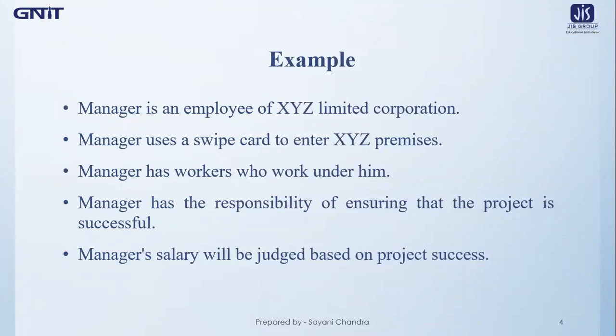The most important point in this relationship is that there is no single owner. That means if the manager object is not there, the swipe card object will still be there, and the vice versa is also true. If the swipe card object is not there, the manager object will still be there. That means both are using each other, but both have their own lifetime.